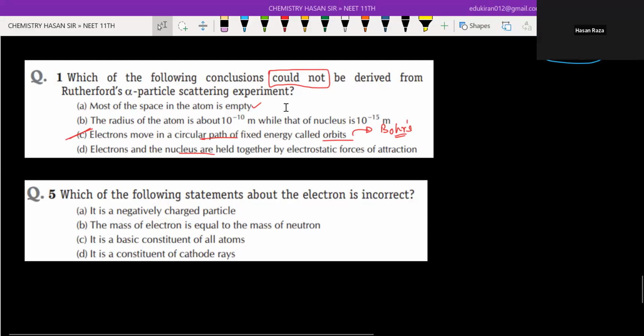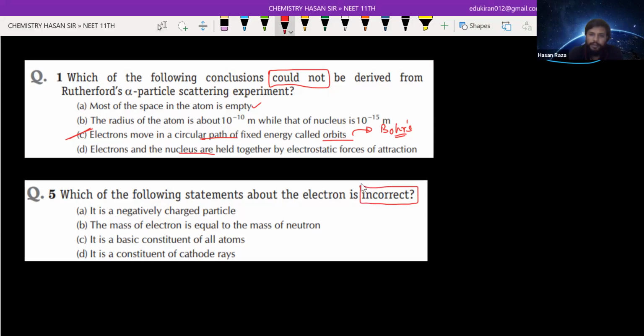Very good, Rishita. We need to go for the incorrect statement. Can anyone tell me what is the mass of electron and mass of proton?